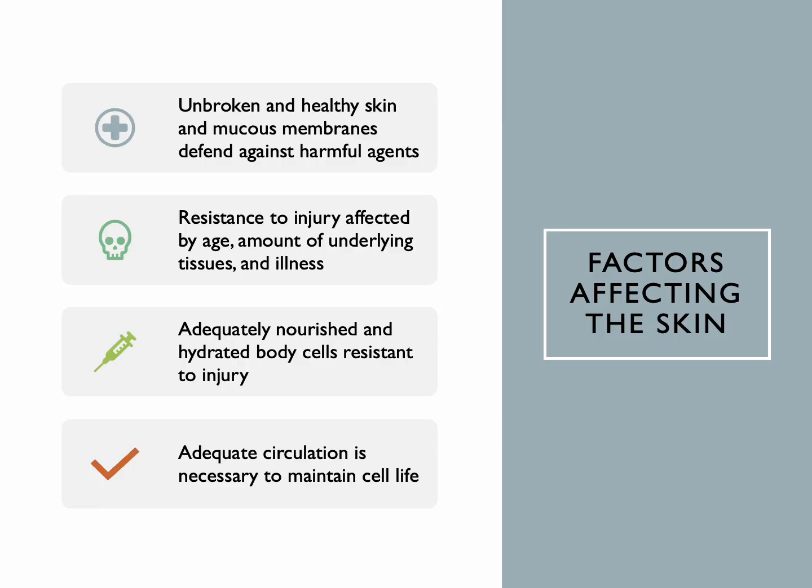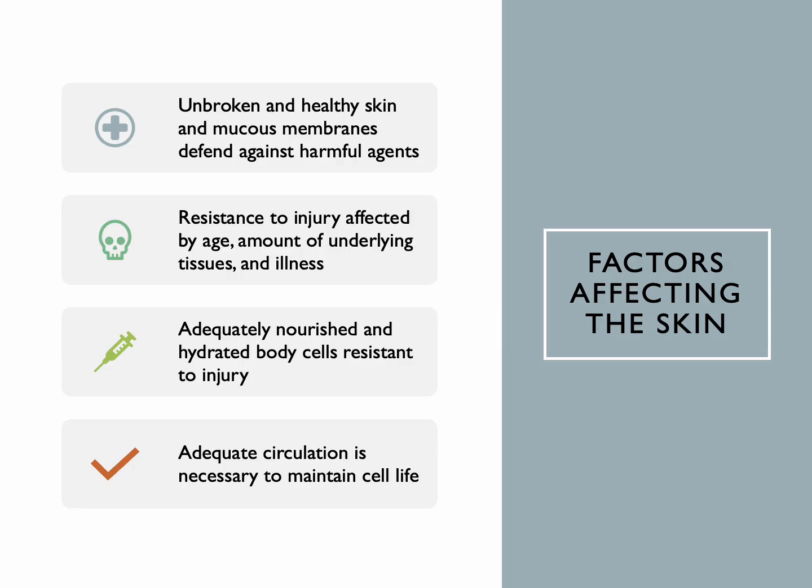Normally our skin should be unbroken, it should be healthy, it should be adequately moisturized, but not too moist, not too dry. Things that can affect our skin in negative ways are if we're dehydrated and our skin is dry and fragile and breaks easily, if we're malnourished and we're not able to rebuild skin cells as quickly as we normally would.